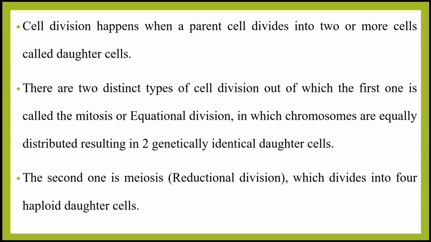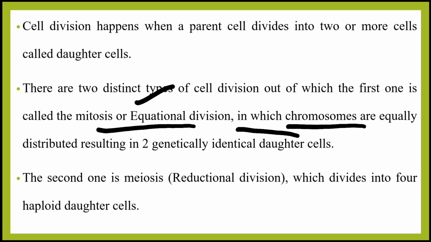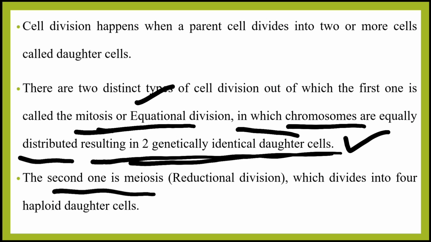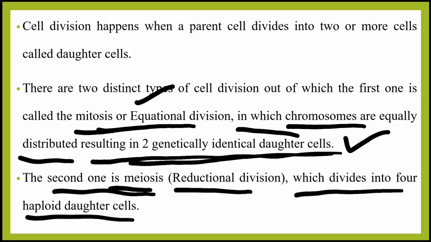There are two distinct types of cell divisions, out of which the first one is called mitosis, or equational division, in which chromosomes are equally distributed, resulting in two genetically identical daughter cells. The second one is called meiosis or reductional division, which divides and forms 4 haploid daughter cells.